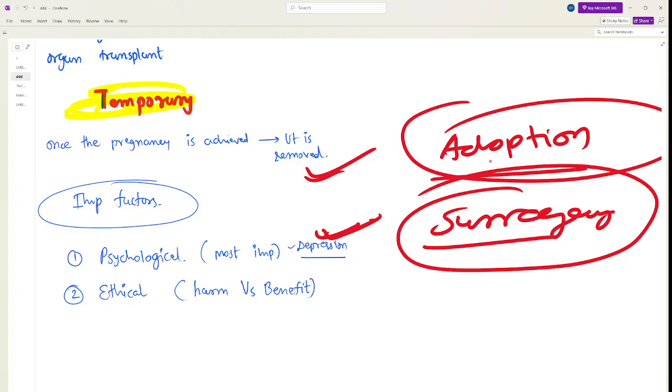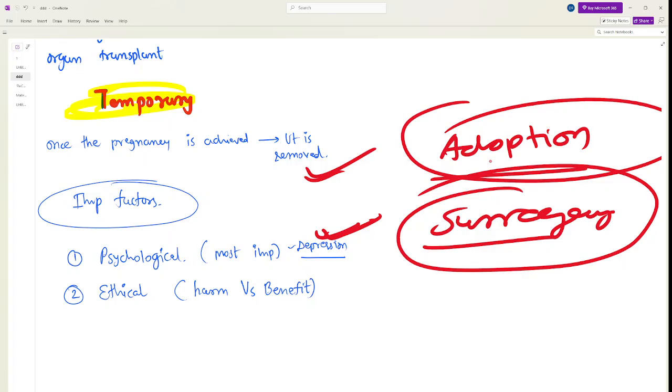Whether we are going to achieve it or not, because the embryo transfer success rate is not more than 35%. So even if you have a uterine transplant, the uterus is working fine, there is no graft rejection, the patient is doing good, the overall success rate of the embryo transfer is 30 to 35% in one go.